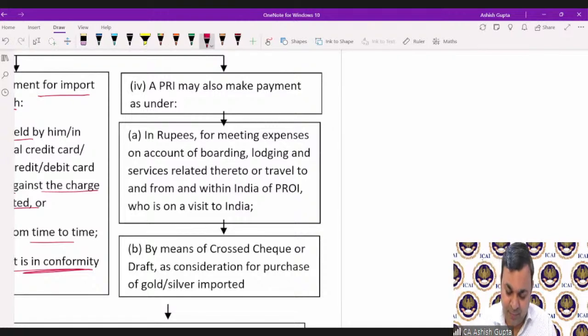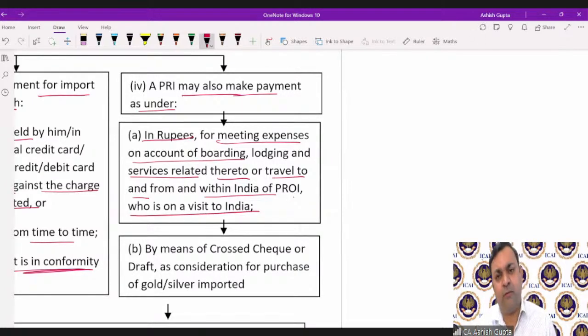Indian importer. Also make payment in rupees for meeting expenses on account of boarding, lodging, services related thereto, or travel to or from within India of a PRY who is on visit to India. Maybe the person resident outside India who is going to export you some machinery wants to inspect whether you are a party of particular nature or not, you are a competent person or not.